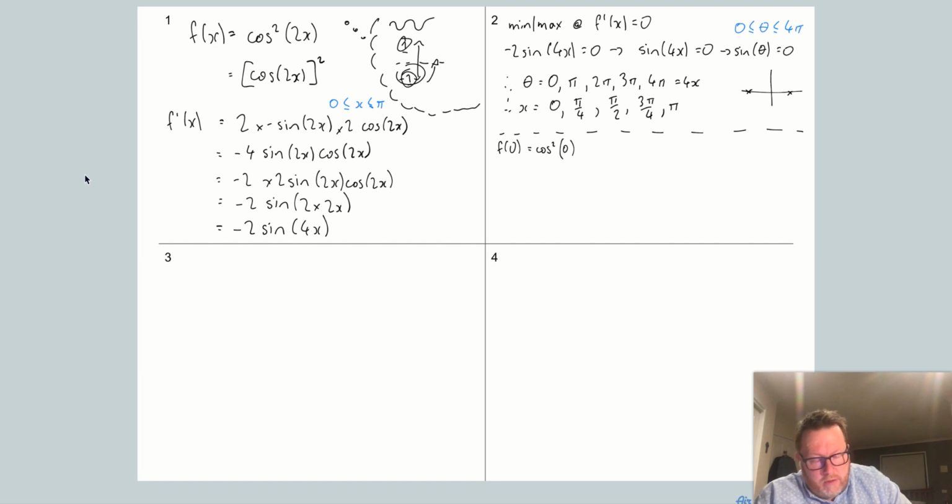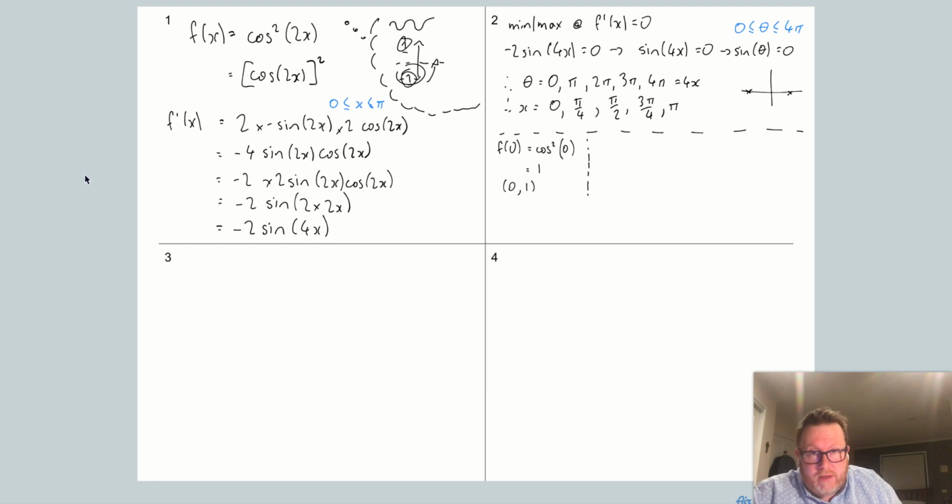So that's just 0. The cosine of 0 is 1. Again, if you have a look at this little quadrant thing here, the cosine of 0 is all the way out here. So it's 1 unit away from the axis. So the cosine of 0 is equal to 1. Square 1 and we get 1. And so we have the coordinates 0, 1.